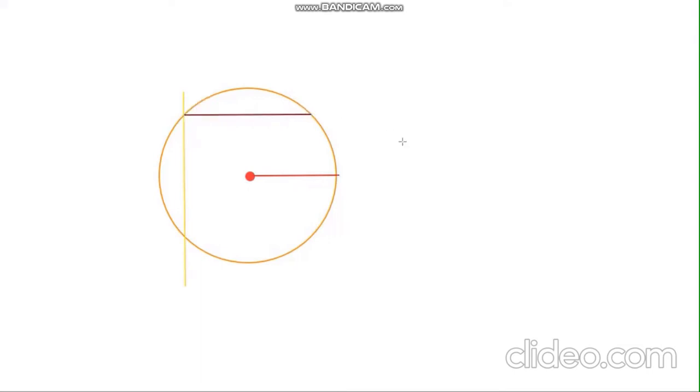Now, we saw that diameter is the longest chord of the circle and it has a center. Now, let's mark the diameter. Yes, this black color line represents the diameter.